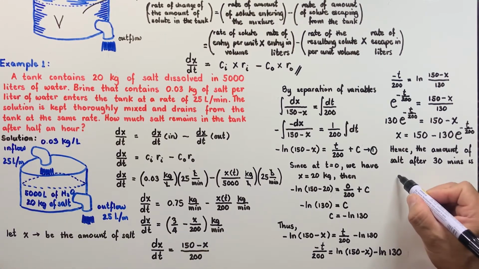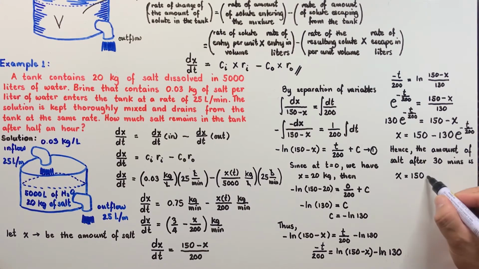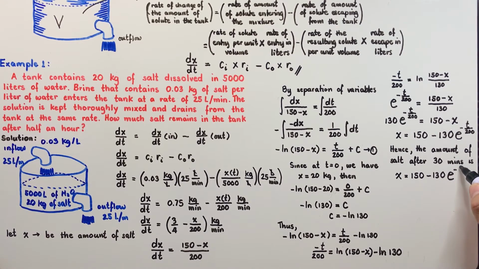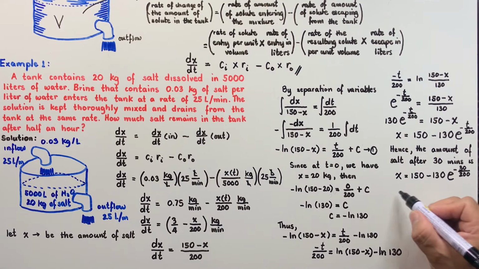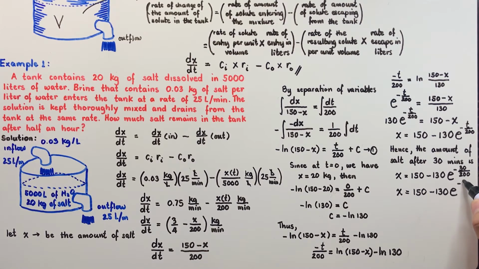We have x, which is equal to 150 minus 130 e to the power negative 30 over 200. But this exponent fraction can be simplified as negative 3 over 20.